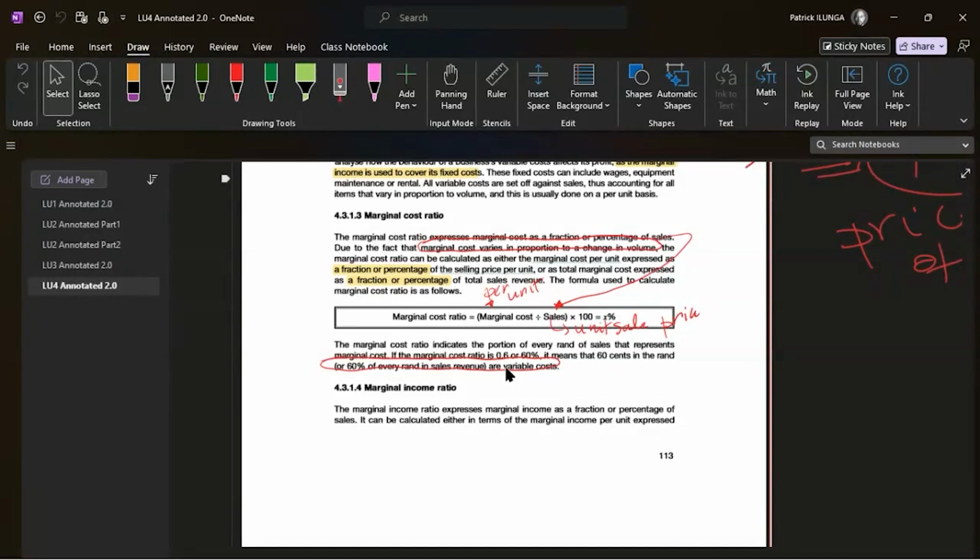Yes. So that's why we're doing this ratio, because quickly you can say, okay, after I've done my calculation, I know that 60% goes towards covering the cost, and 40 cents of each rand that I'm making is my actual revenue.